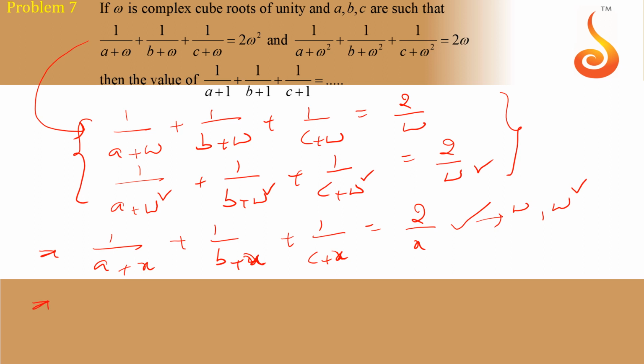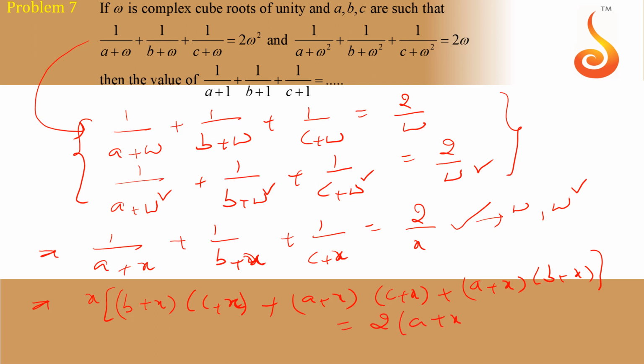If you observe carefully and take the LCM, a plus x into b plus x into c plus x is the LCM. In the numerator, for 1 by a plus x you will get b plus x into c plus x, plus a plus x into c plus x, plus a plus x into b plus x, is equal to 2 times a plus x into b plus x into c plus x.